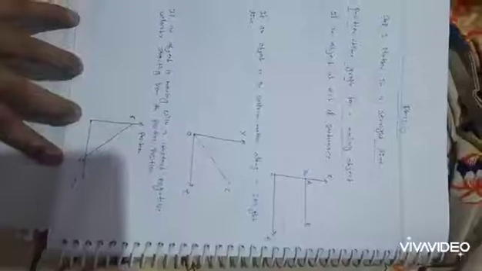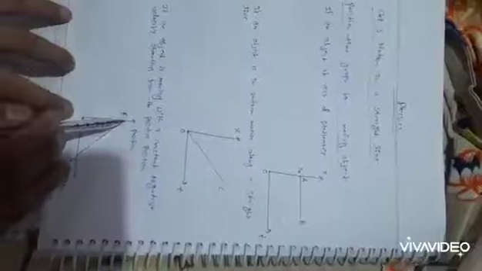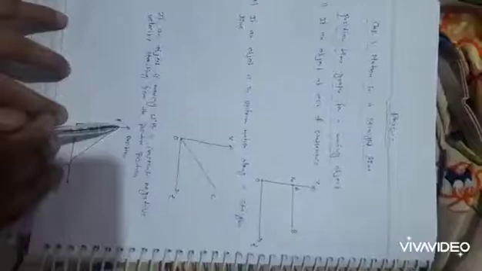Now our next graph is for an object moving with a constant negative velocity starting from a positive position. Here we are talking about constant negative velocity. Suppose my velocity at a particular time is 40 meters per second, and after some time it starts decreasing at a constant rate.